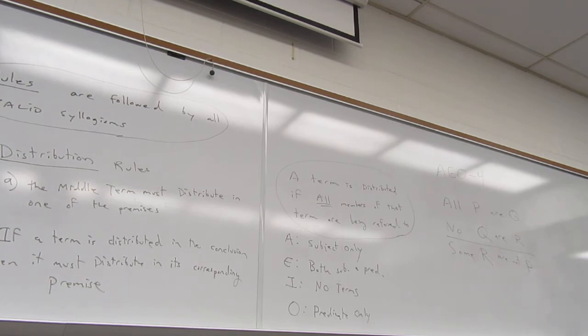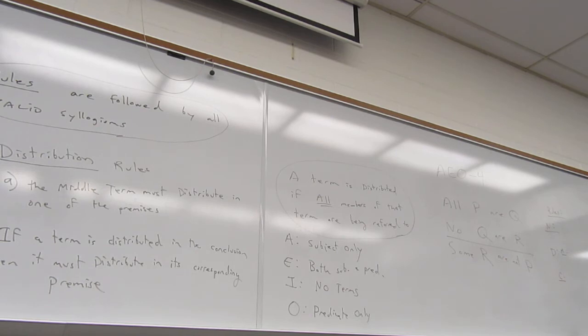You know that just from memorizing the figures. Now, let's go through the rules. And simply put, I can enumerate them this way. Negation rule here, distribution rules here. We'll have middle term and conclusion. Does this one pass the negation test?